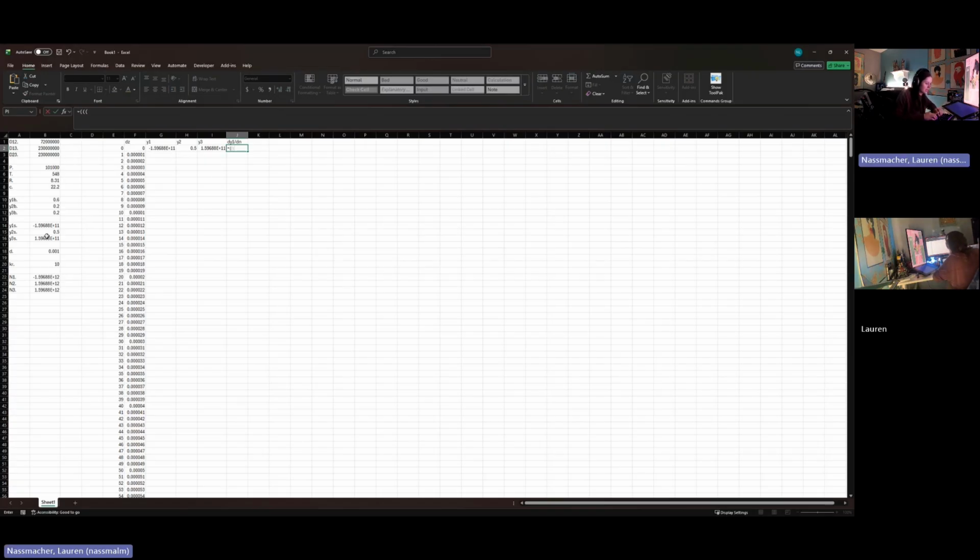So the first thing is you're not going to multiply it by the thickness. This is for the ethanol.